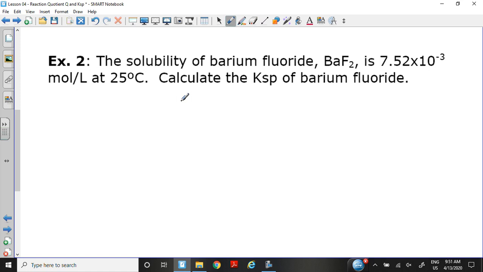So let's look first at what we've got. Anytime a question refers to solubility of a salt, they're referring to something at equilibrium. If we're looking at solubility, we're going to assume an equilibrium has been established. So any mention of the word solubility with these problems is referring to something at equilibrium.